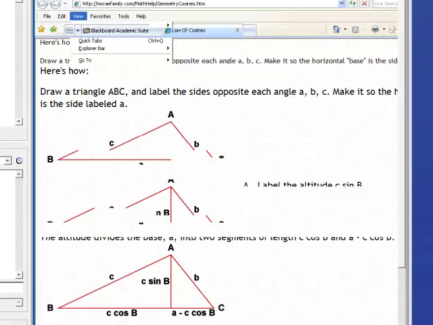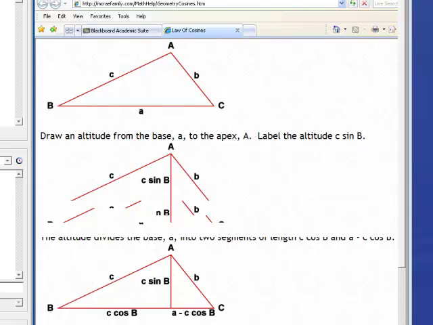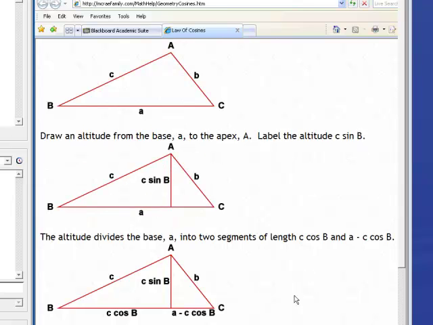So b squared equals (a minus c cosine b) squared, and so on. Some algebra on this one, and on the right-hand side, with this being a perfect square trinomial, what shows up is c squared cosine squared b, which is then combined with the c squared sine squared b.